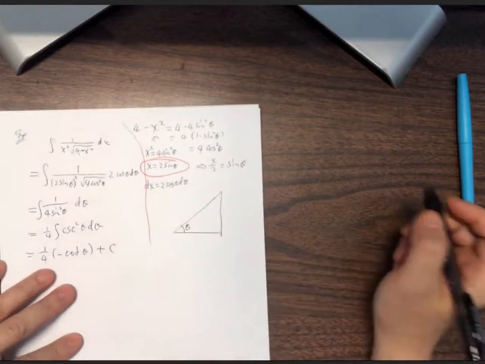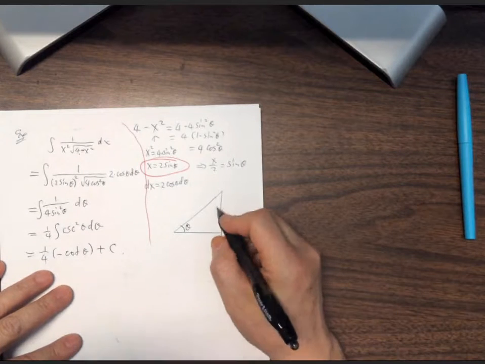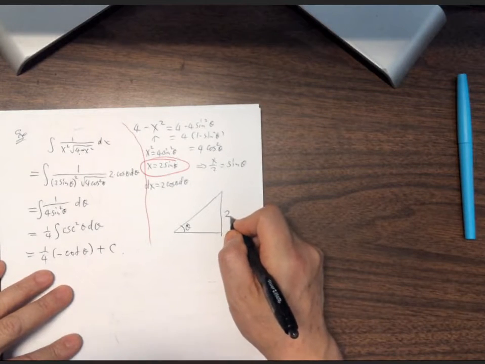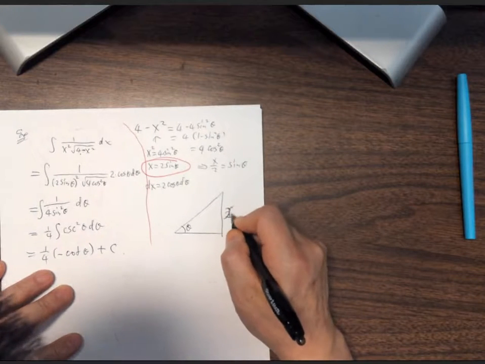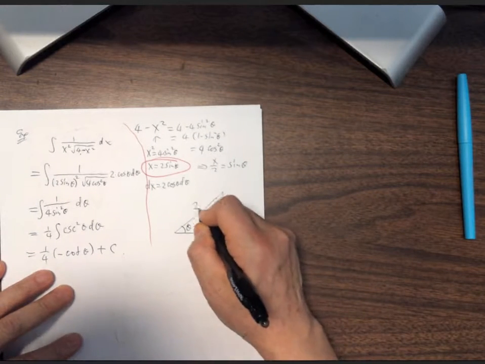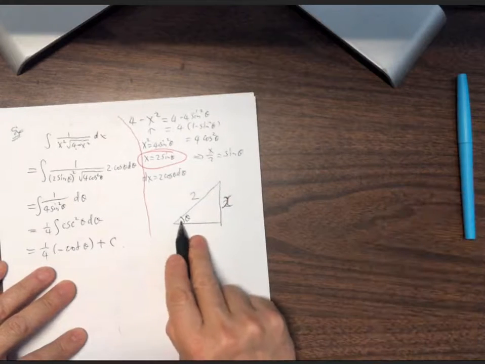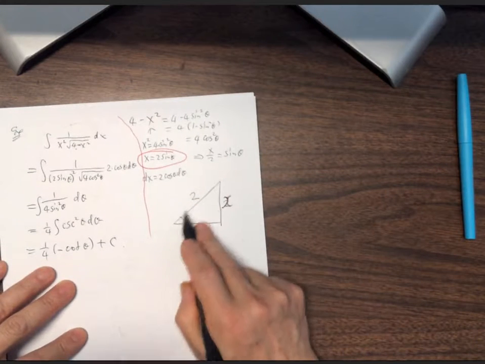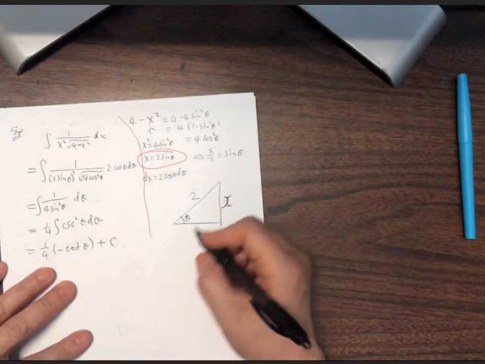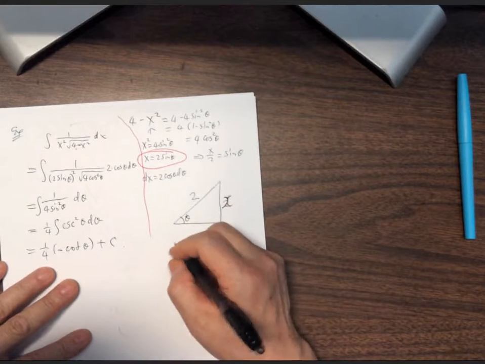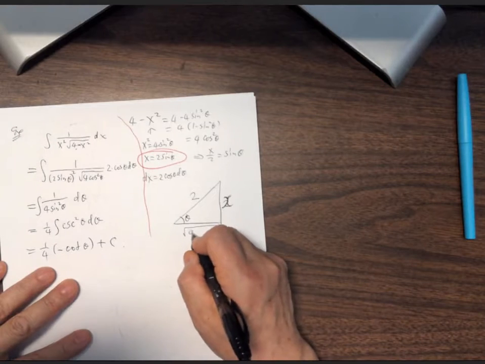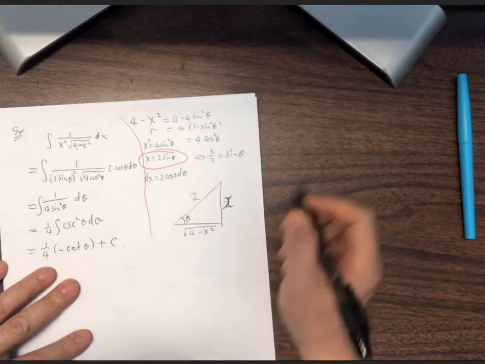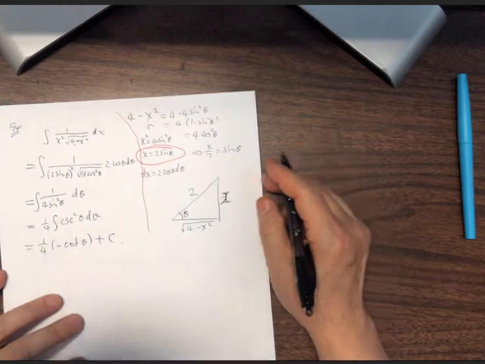So let's say this is theta. Sine is opposite over hypotenuse, so this side is x, the hypotenuse is 2, and this side would be the square root of 4 minus x squared because of the Pythagorean theorem.